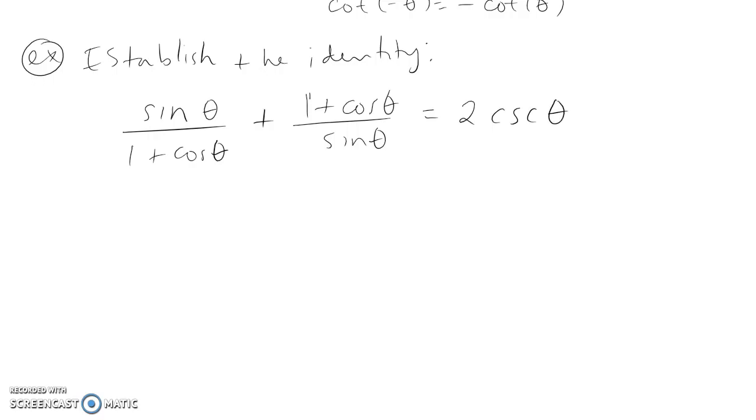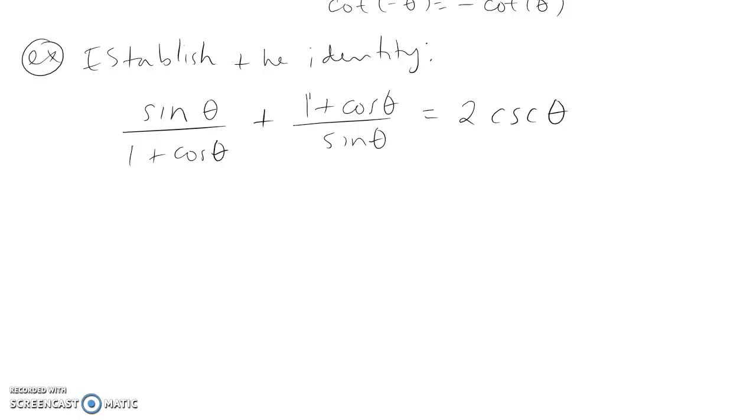So to establish this identity, we're going to show that one side of this identity, and an identity is something that's true for all values of theta, can become the other through algebraic manipulations and by using the identities that we just reviewed.